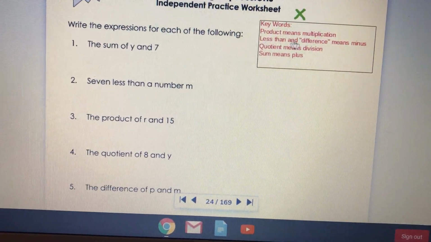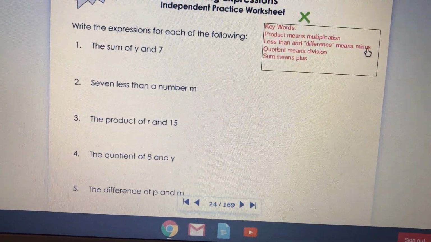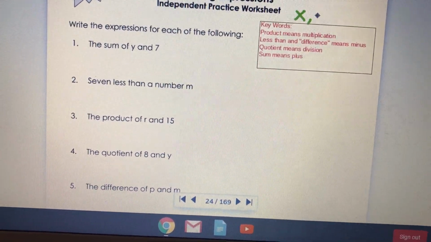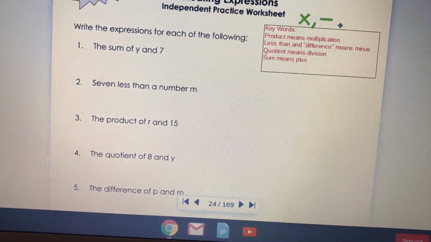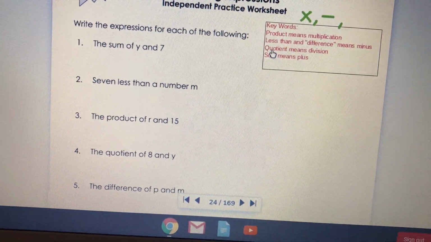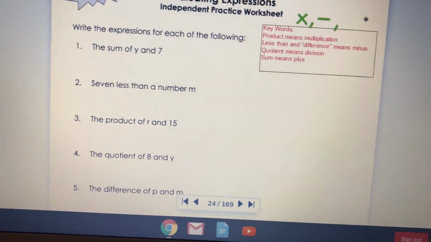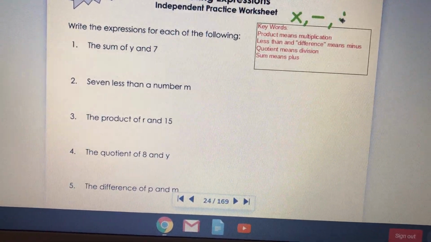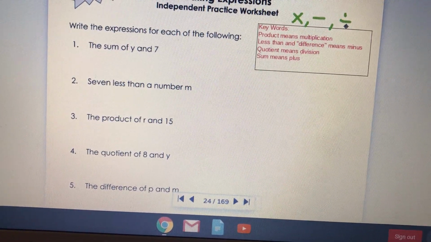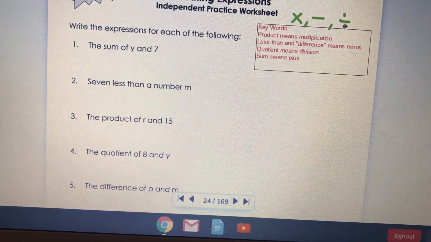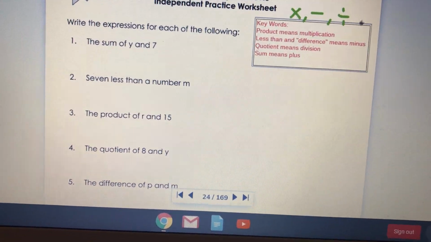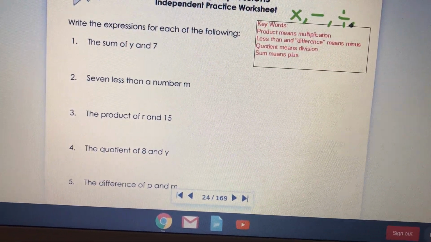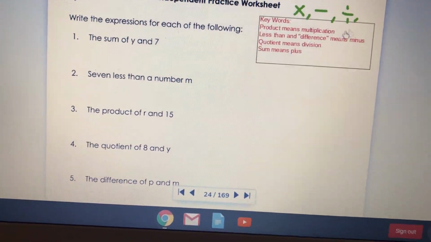So we got less than, difference, and minus, which all mean minus, which is this symbol. Then we got quotient, which means division. Let's see if I can do a dot. Okay. Oops. My bad. And now we have our last one, which is sum, which is plus.